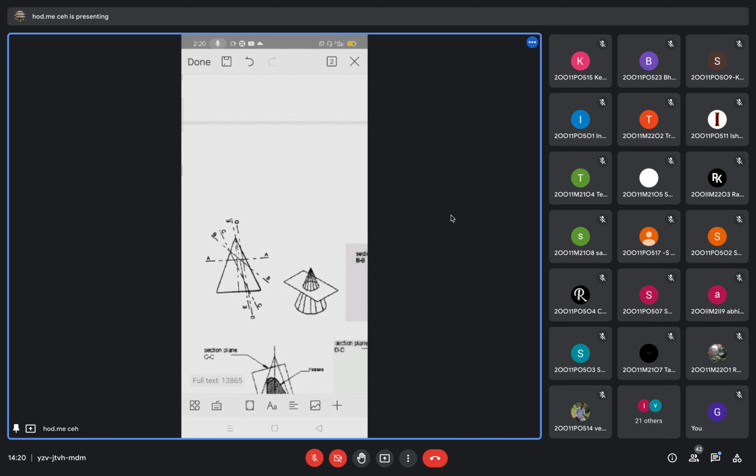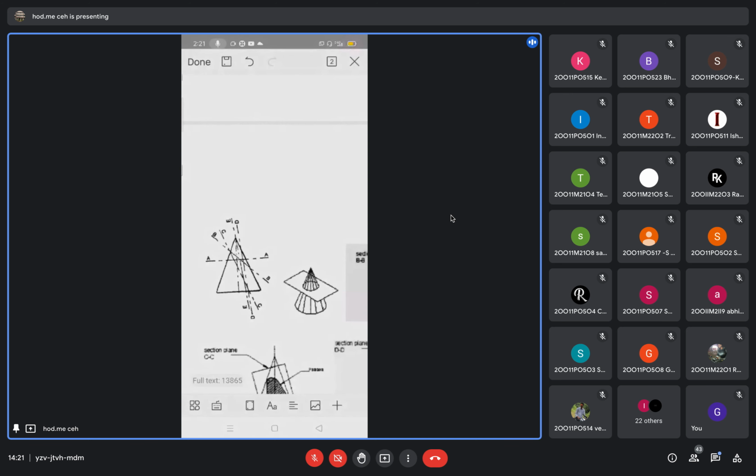Okay, next, the cutting plane is inclined at a very small angle with the axis. Write down the points, all of you. When the cutting plane is inclined at a very small angle with the axis, or parallel to the axis, the curve of the intersection is a hyperbola.